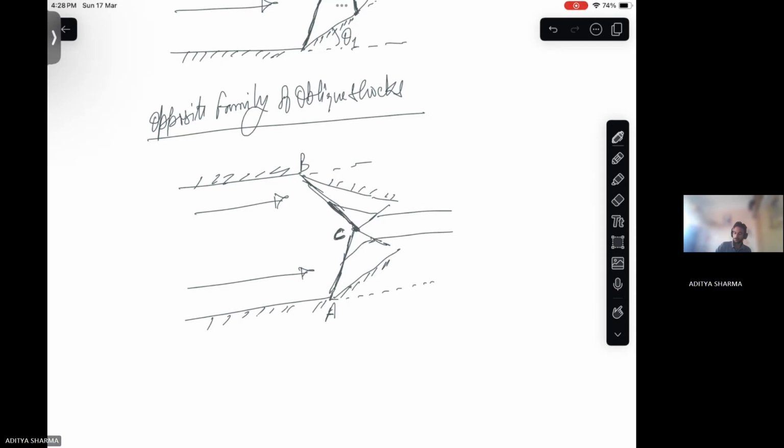The slides also say that when there is intersection of these oblique shocks of opposite family, in that case there is refraction of these shocks, right? Refraction means there is some change in the direction of these oblique shocks, right? All right.